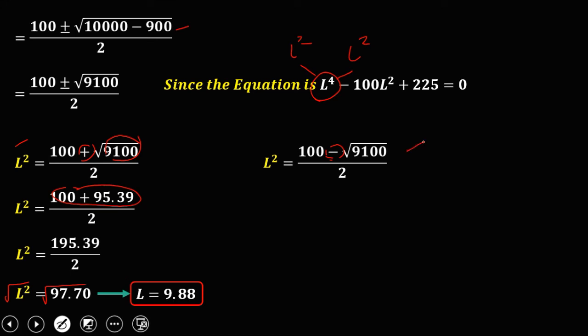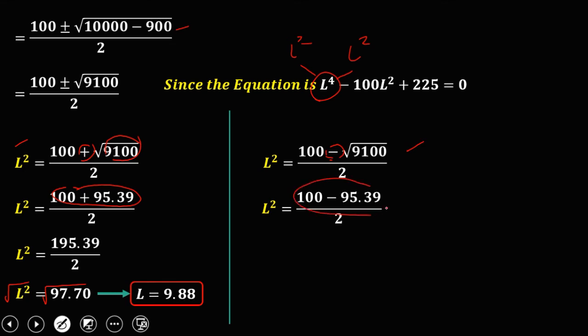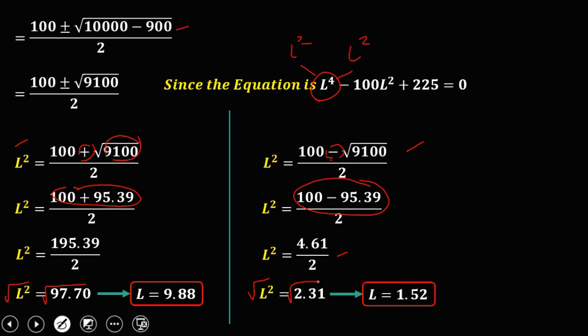For the other equation, that's 95.39, then subtract, that's 4.61, then divide by 2. So L squared is 2.31, then take the square root. So L now is 1.52.